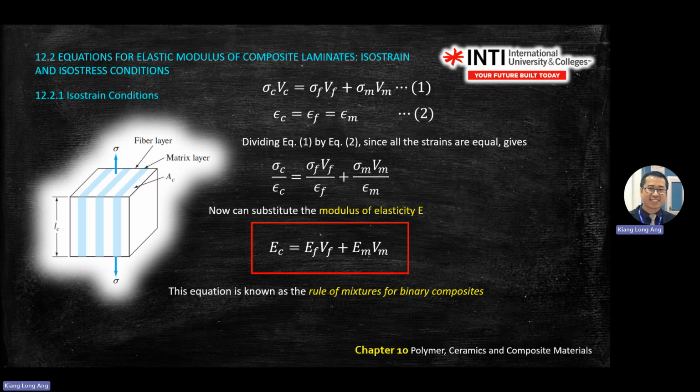Okay. So one thing is when it's isostrain, iso means same deformation. So when you substitute this equation into here, your strain is the same. So you can cancel the parameter and you arrive at the equation that you needed.